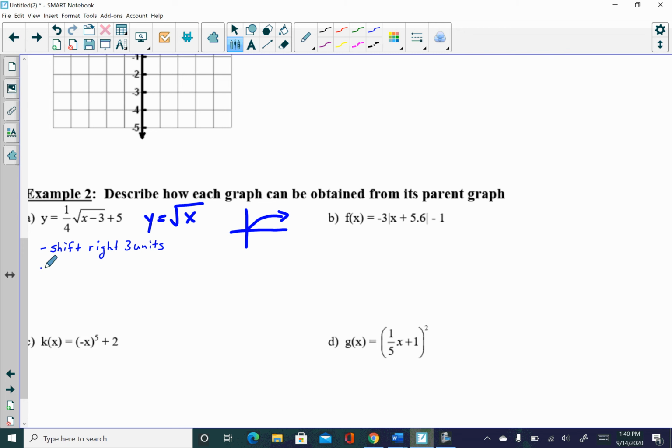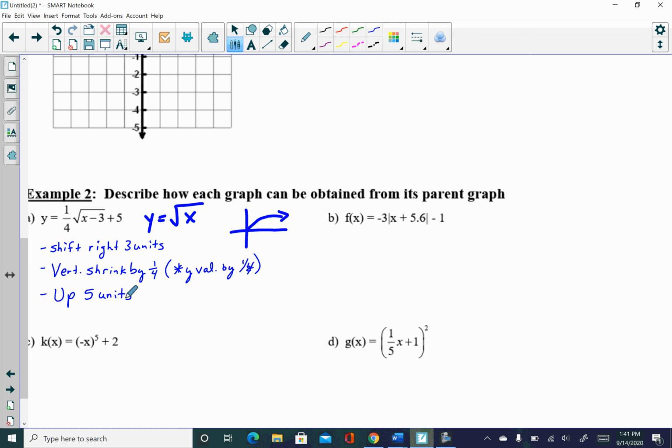Then the 1/4 is on the outside, so that's going to be a vertical shrink, because it's a fraction, by 1/4, or in other words, you're going to be multiplying your y values by 1/4, and then lastly, that plus 5 is going to shift you up 5 units.